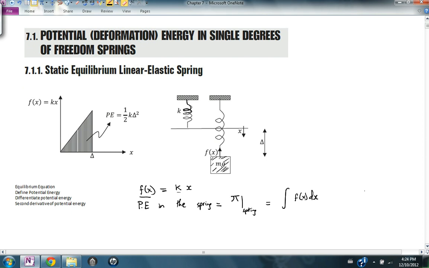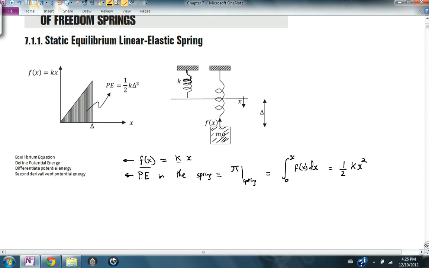So for any general displacement, when the spring is extended from 0 to x, this potential energy in the spring is given as half kx squared. So this is the force in the spring and the potential energy in the spring at any distance x.